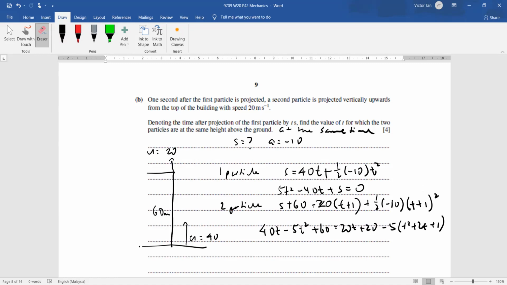You're supposed to use T minus 1, one second later, not plus 1. Minus. So you have 40T minus 5T squared plus 60 equals 20T minus 20 minus 5T squared plus 10T minus 5.